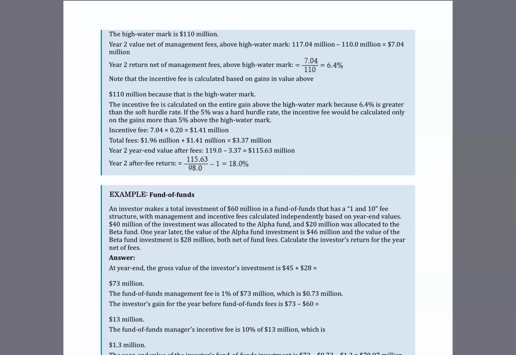So the total amount you made was 119 minus the 3.37 that you are charging me in terms of fees, and this gives you a balance of 115.63. So if I take the 115.63 divided by 98 minus 1, then I'll get 18%. This 18% is greater than the 5% hurdle that we set for ourselves. Is it clear?